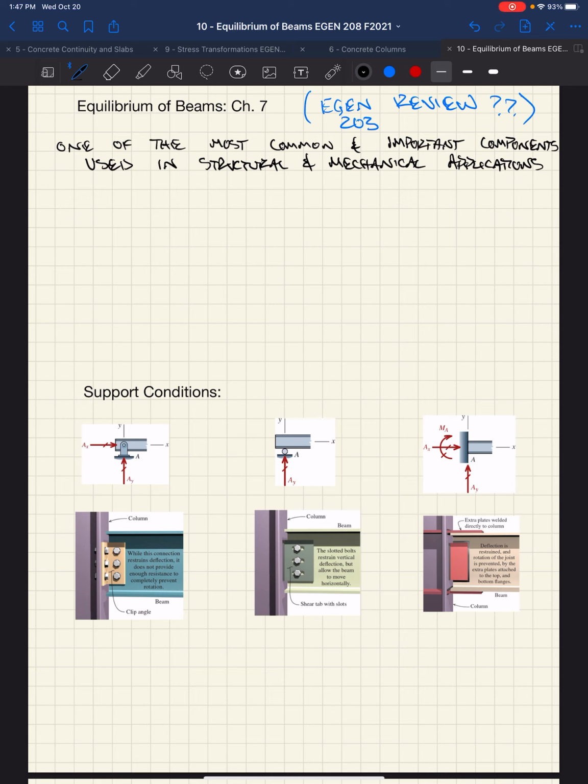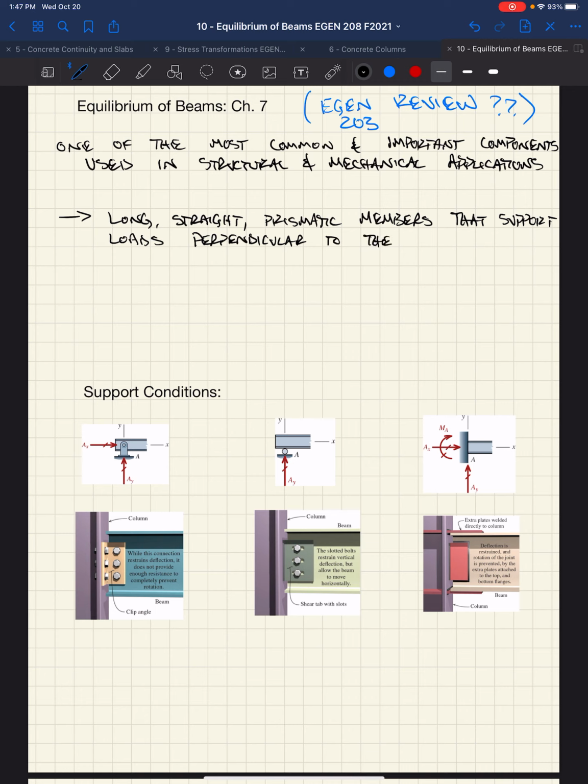We could define them. Usually they're long, straight, prismatic members that support loads perpendicular to the longitudinal axis of our member.